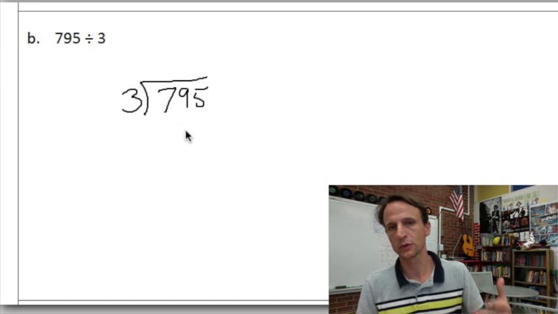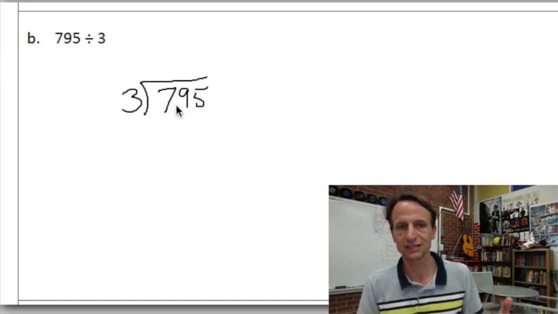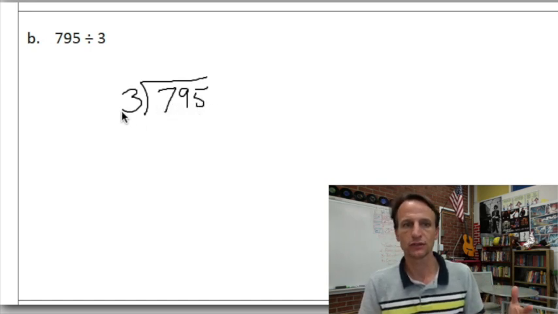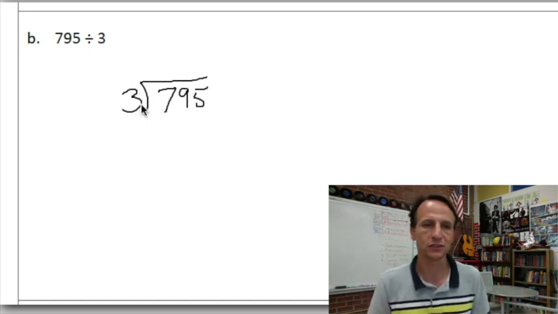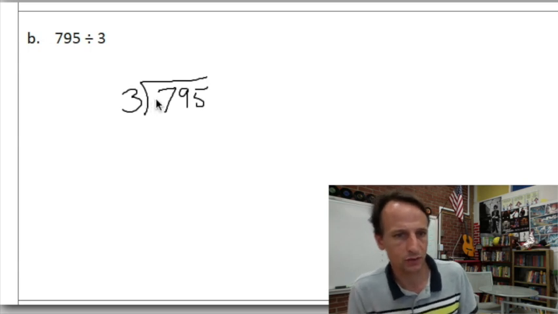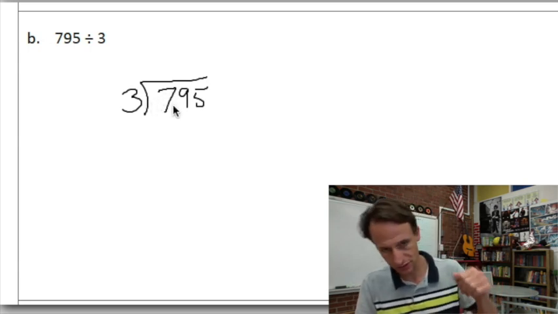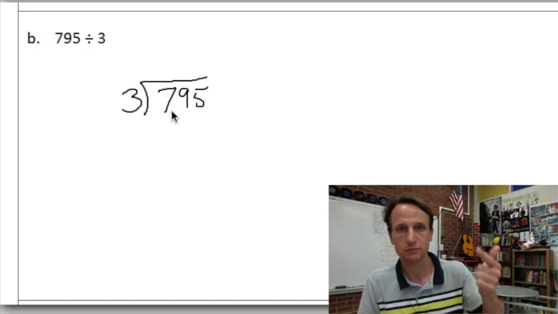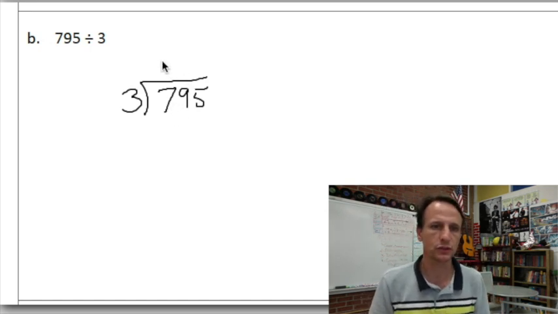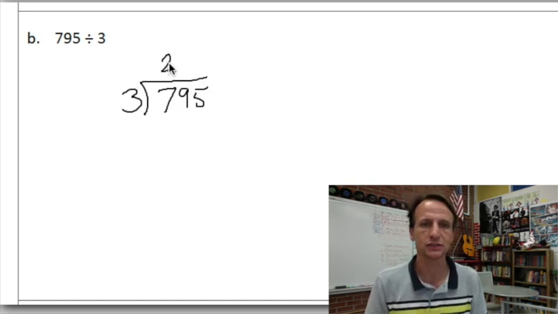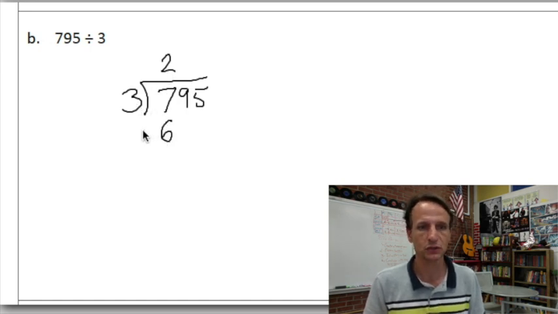You notice that what we're doing in this lesson is 3-digit dividends with divisors that are between 2 and 5. 2, 3, 4, and 5 as divisors. So how many 3's in 7? We'll skip count by 3's. 3, 6. Yes, there are 2 3's in 7, because 2 times 3 is 6. Subtract and you get 1.